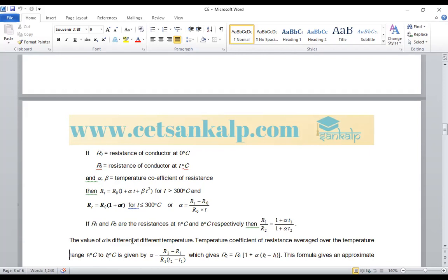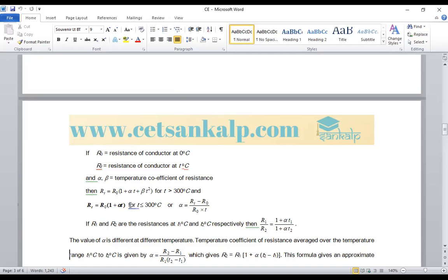If t is less than or equal to 300, then the formula will be RT is equal to R naught into 1 plus alpha t. So this is a very important formula. Where alpha is nothing but the temperature coefficient, that can be written as alpha is equal to RT minus R naught divided by R naught into T.